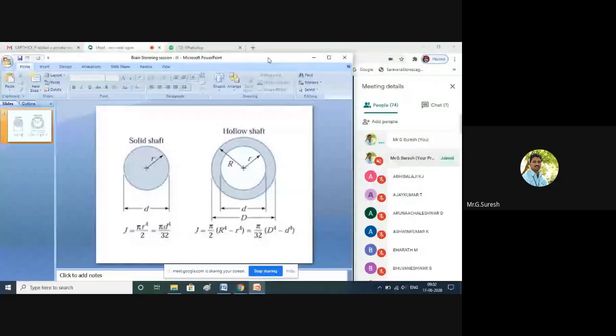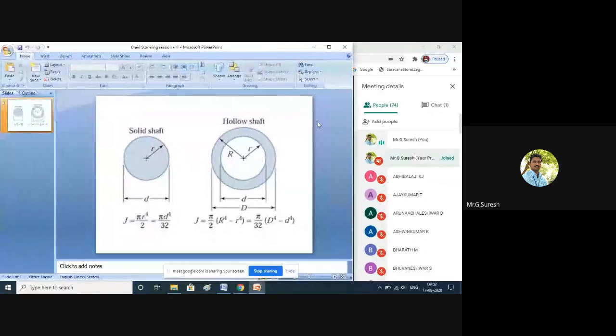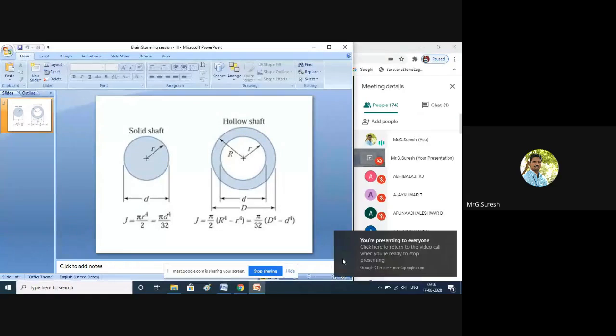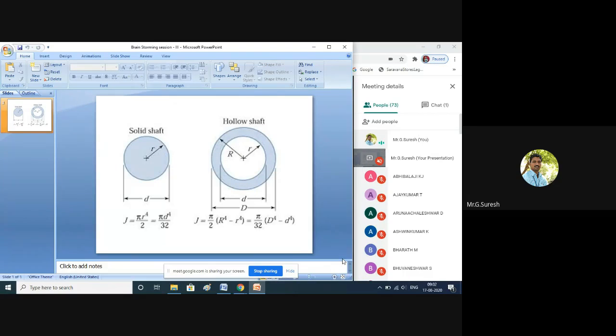Because so far we have concluded two sets of the brainstorming session. This week, the question is that you might already have studied the solid shaft and the hollow shaft, and their application in your day-to-day mechanical systems, as well as how the solid shaft transmits the rotating motion, and how the hollow shaft transmits the rotating motion.